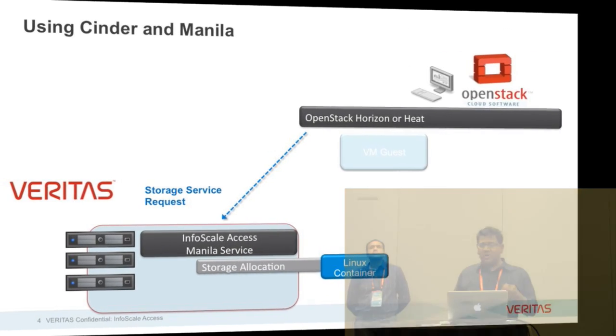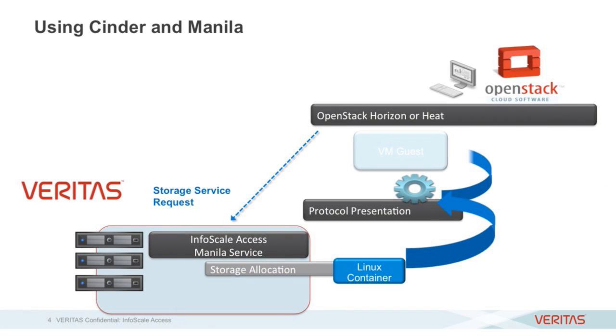We spawn a Linux container, which then links up to Manila over NFS and presents it to the Nova virtual machine. That's how it provides the file-based storage, right? Now, if another request comes in, we will spawn another Linux container, and now you see that we can provide a clean, separate isolation between tenants through containers. That's really what it is.